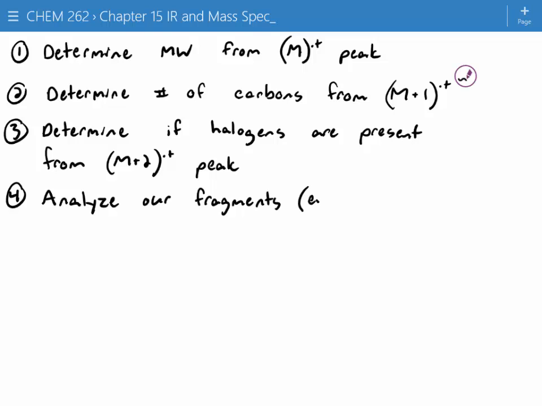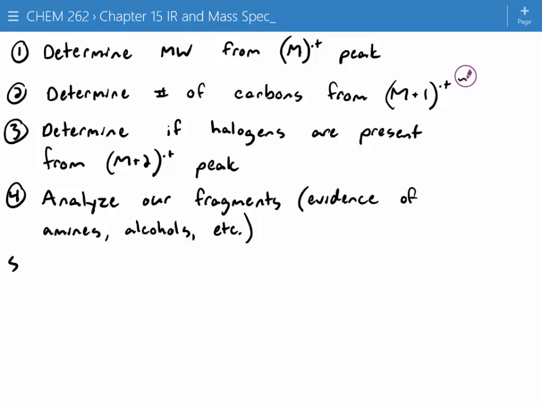So we want to look for evidence of those things: evidence of amines, alcohols, etc. You can use that table that we just came up with to look at some of our fragments and figure out what they are.